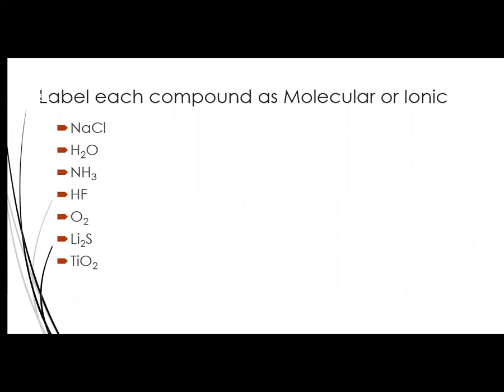So take a moment, go through that. The big part to look at is whether you're a metal or a non-metal as you compare. So NaCl is a metal, sodium, and a non-metal, chlorine, so that should be ionic. Whereas H2O, hydrogen is a non-metal, and oxygen is also a non-metal, so that's going to be covalent.